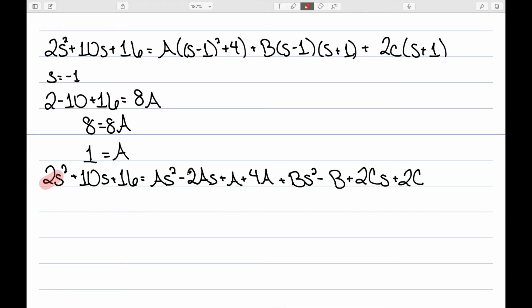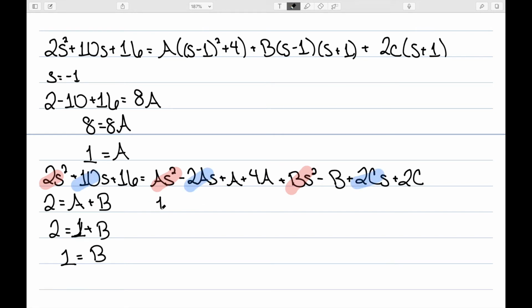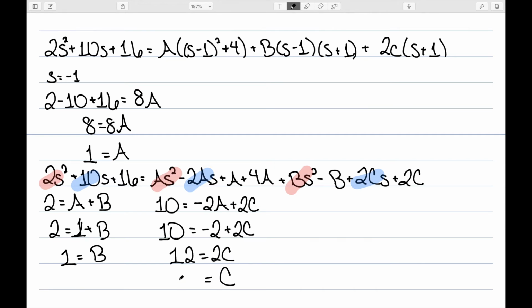My coefficients of s squared give me that 2 is equal to A plus B. I already know that A is 1, so that tells me that B is also equal to 1. Looking at my coefficients of s, I have 10 is equal to minus 2A plus 2C. Once again, we already know that A is 1. We can add 2 to get 12. And so C is equal to 6.